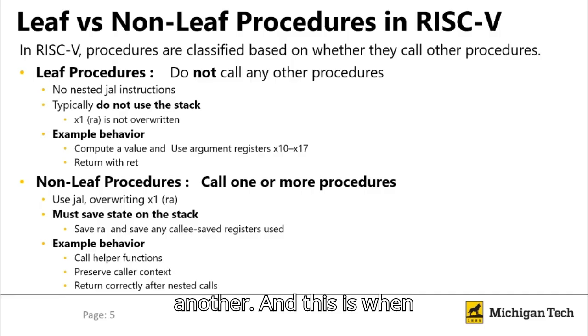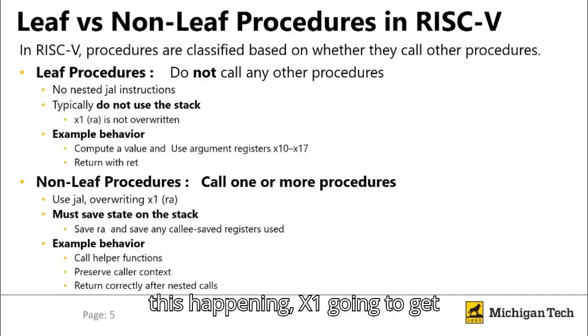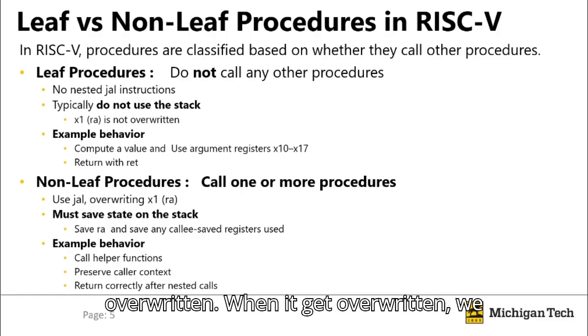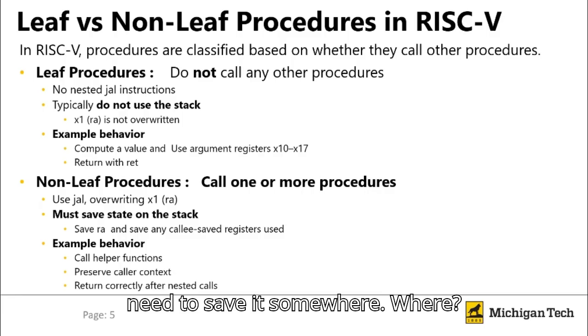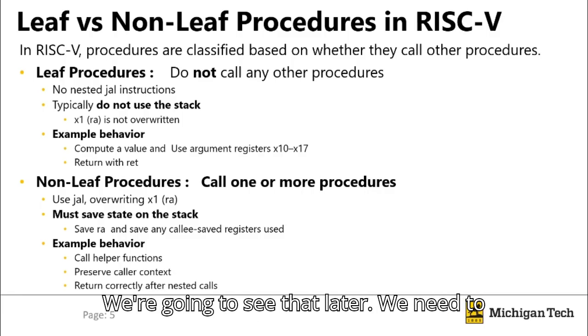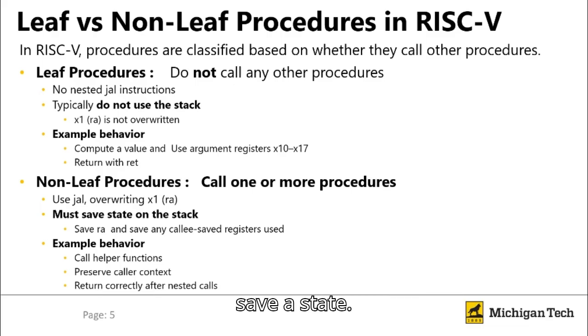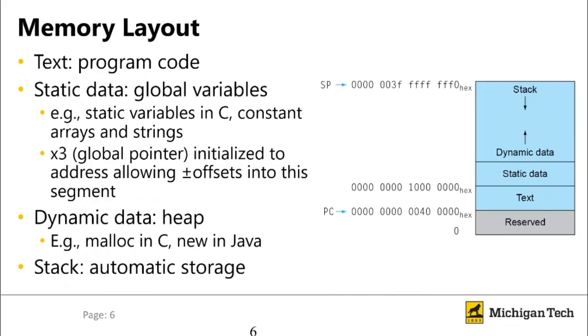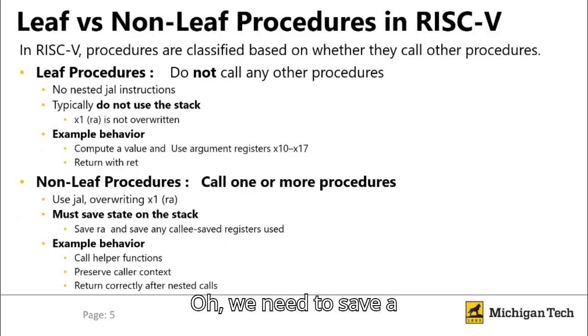When this is happening, x1 is going to get overwritten. When it gets overwritten, we need to save it somewhere. Where? Memory. What type of memory? A stack. We need to save the state in memory that's called a stack. We're going to see that in the next slide.